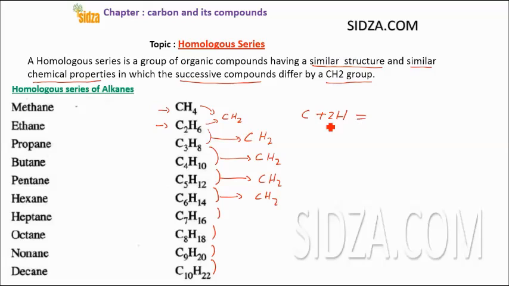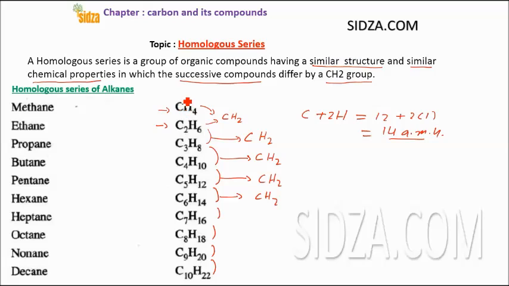Carbon has an atomic mass of 12, and hydrogen is 2 into 1, because there are 2 hydrogen atoms and the atomic mass of a hydrogen atom is 1 AMU, so there will be a total difference of 14 AMU, right? So the two successive members of a homologous series also differ in terms of molecular mass by 14 AMU, correct?